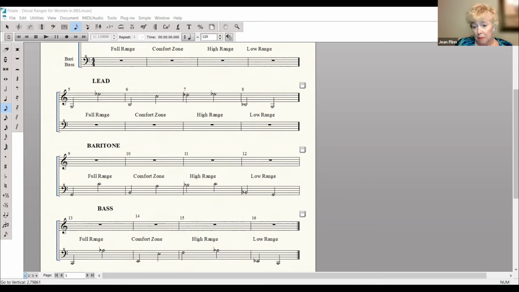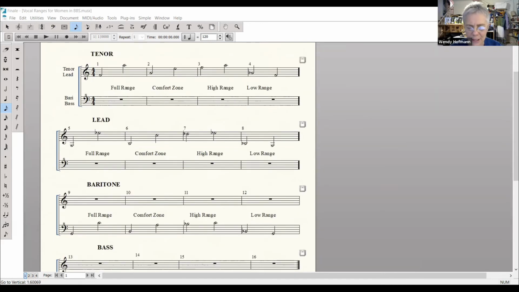Yes, I know what you're saying, Judy, but in the comfort zone of a tenor, we have only a fifth, A to E. So for tenor hangs, should I not give them a hang above an E? I'm sure the tenors can do it. It is the beginning of the high range. I'm just saying where they're mostly comfortable singing is in that little area where we put most of the notes. But certainly, if you want to ask a tenor to vault up to a B flat, she could probably do it.